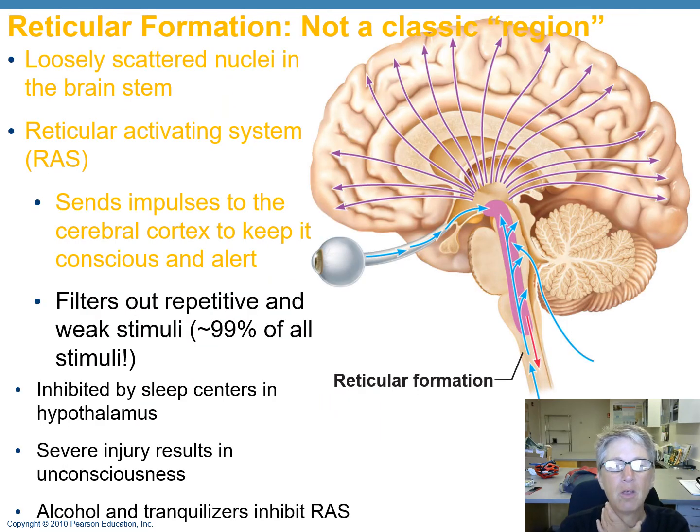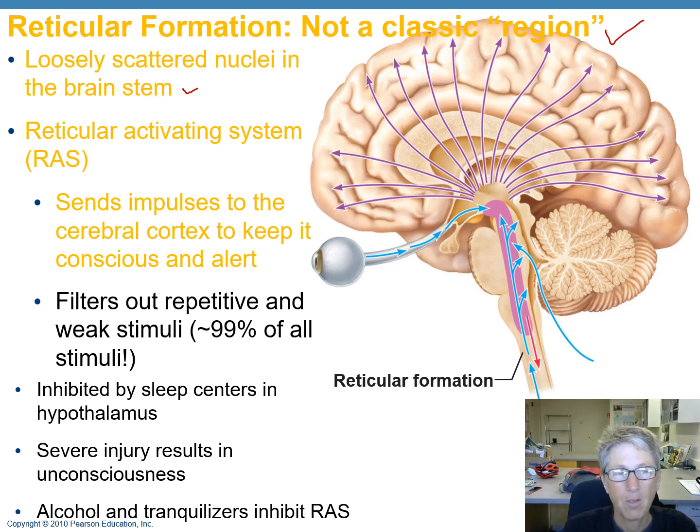Reticular formation, this is just kind of an add-on. It's not a classic region. It's basically loosely scattered nuclei in the brainstem. They call it the reticular activating system because it sends impulses to the cerebral cortex to keep it alert.